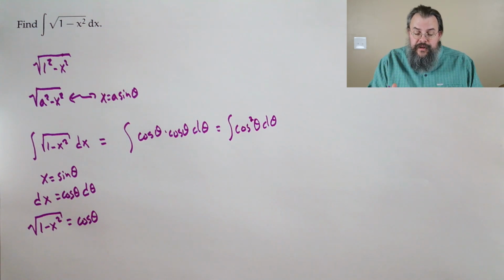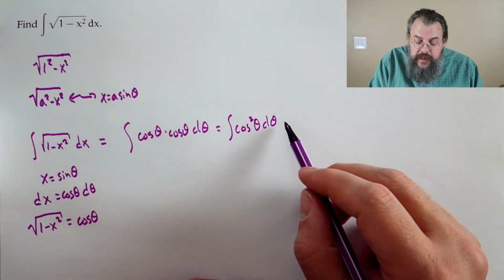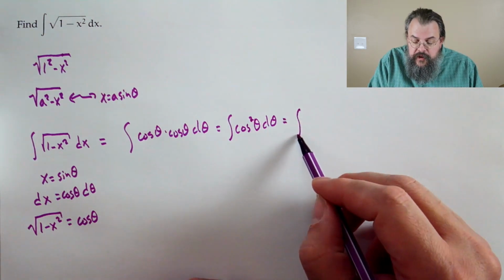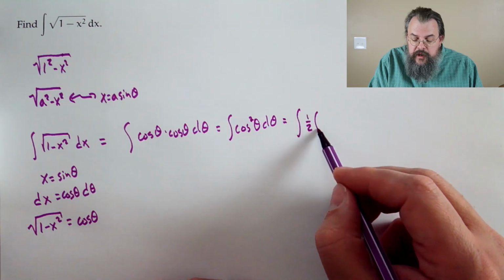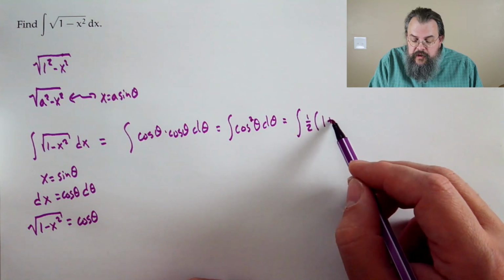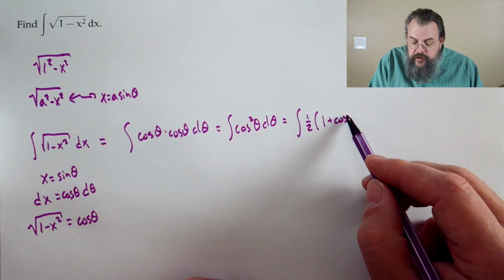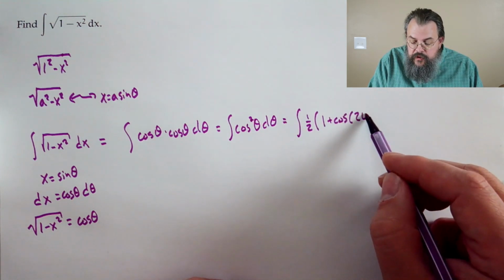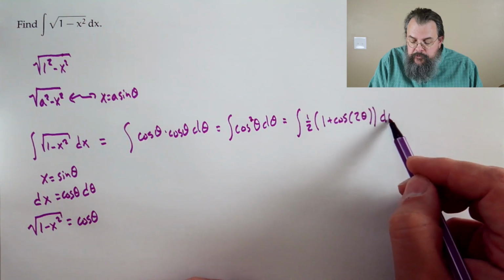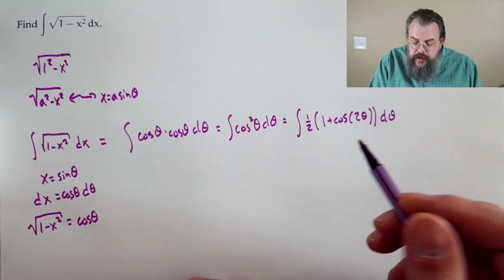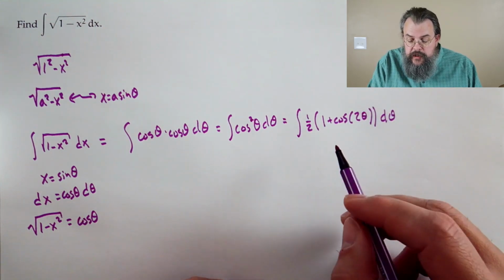That's how we would do this if it was a trig integral, and it is a trig integral. So this would be 1/2, then it would be 1 plus cosine double the angle. So that would be 2 theta. Okay, good. Well, we can integrate that.